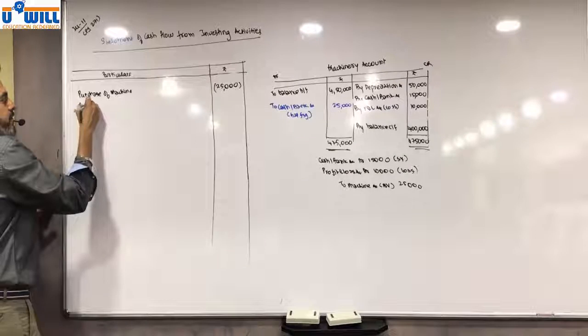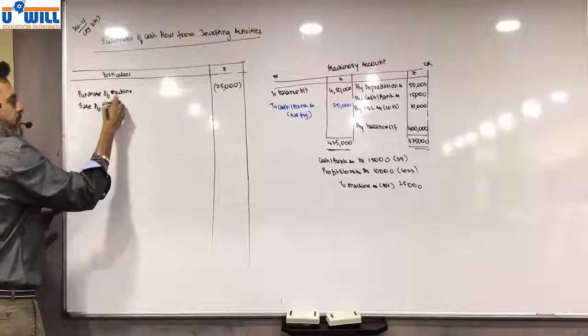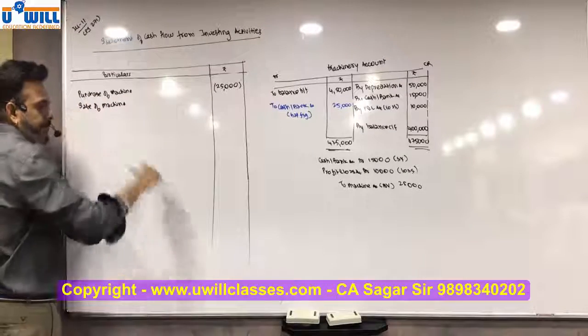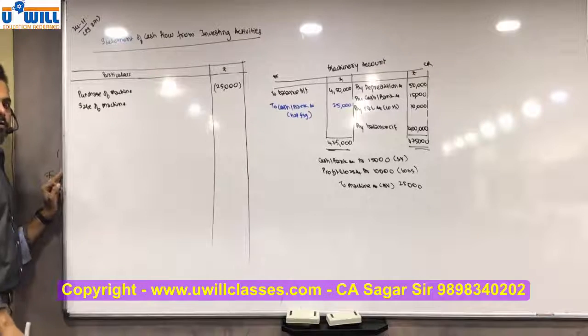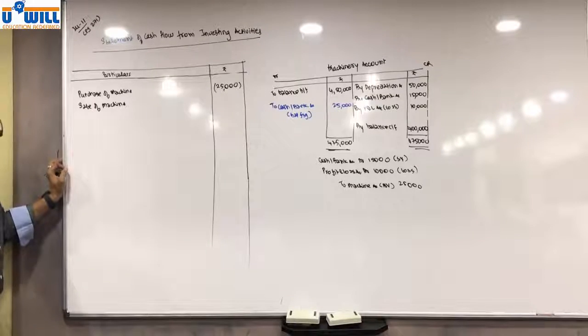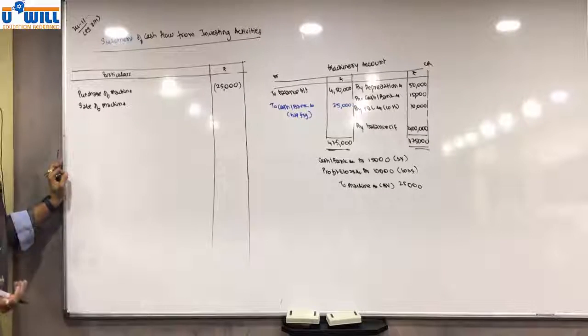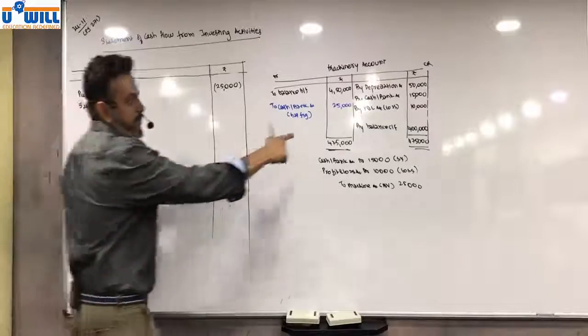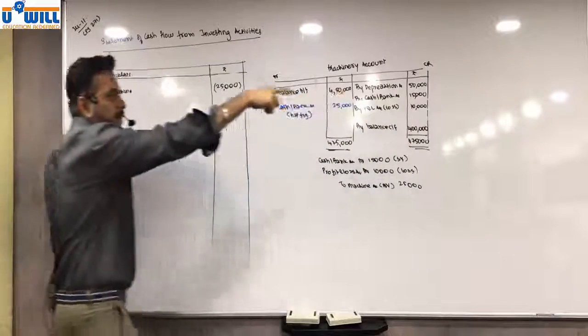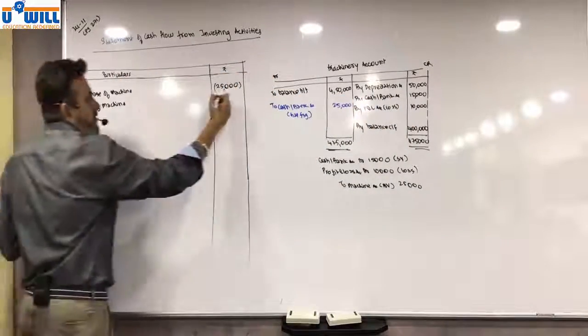And sale of machine, what amount? 15 or 25? 15, because that much cash was received. It's a cash flow statement. I told you, connect it with the cash book. So what comes in? Cash comes in. How much? 15,000. Okay. Sale of machine 15,000.